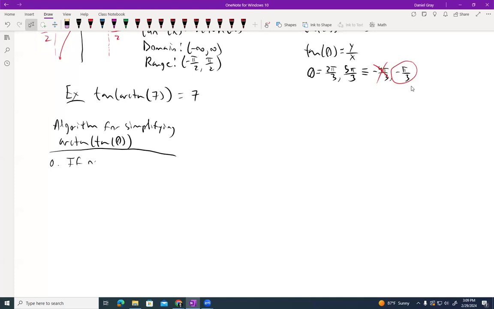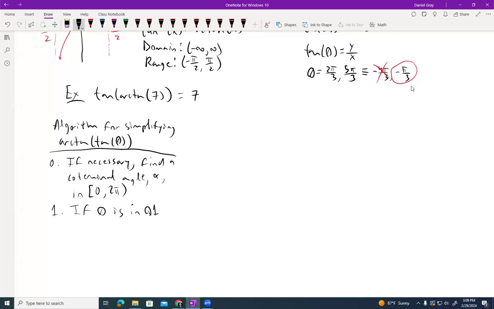If necessary, find a coterminal angle alpha in 0 to 2 pi, right?